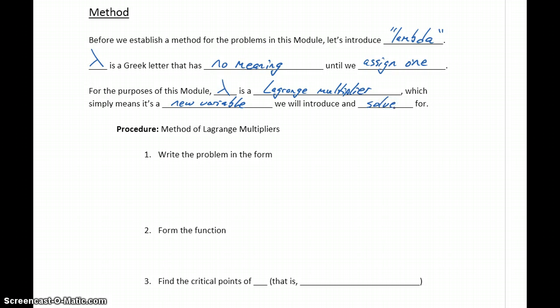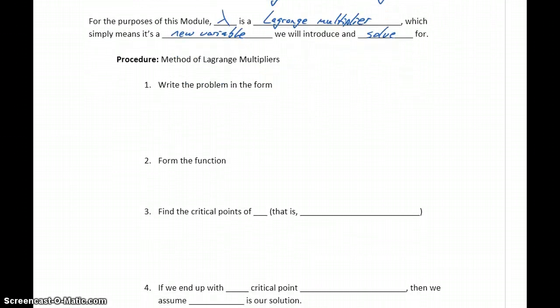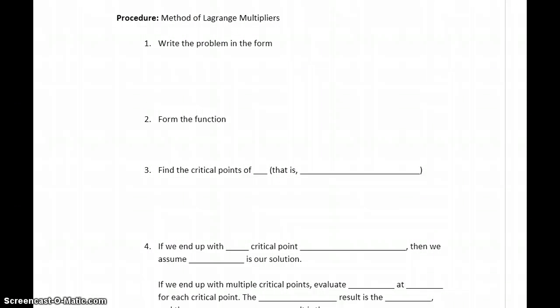So we're already dealing with multivariable functions. They're going to have x's and y's as independent variables. We're going to introduce a new variable, and our ultimate goal is going to be to solve for this value for lambda. So our method is going to be to first write our problem in the form maximize, or if what we're doing is a minimization problem, minimize.